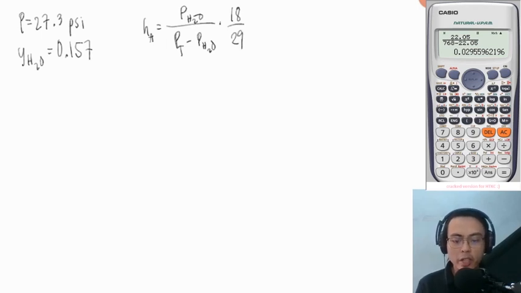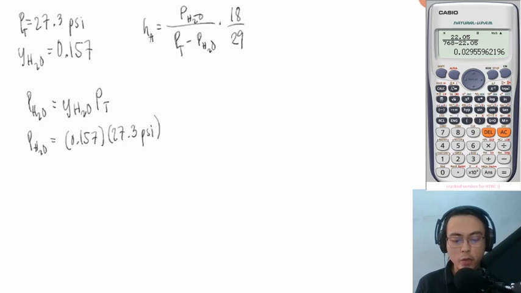Okay? So we're given the total pressure, 27.3 psi. We are given the mole fraction of water. So we can just use Dalton's law to determine the partial pressure of water. So the partial pressure of water is simply the mole fraction of water times the total pressure. 0.157 times 27.3 psi.